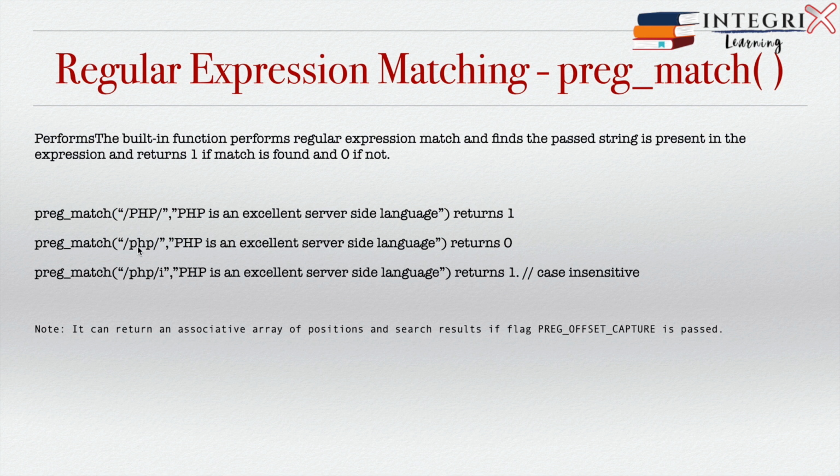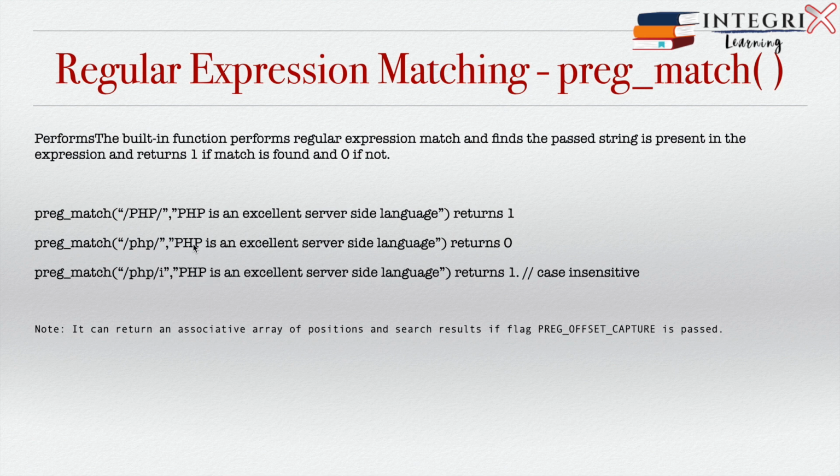In the second example, the pattern is in lowercase, and this is the string in which we'll try to search. It will return 0 because it is case sensitive and it doesn't find PHP in this string. If you want to do a case insensitive search, then you need to have i in your pattern after the closing /, and then it will do a case insensitive search for PHP.